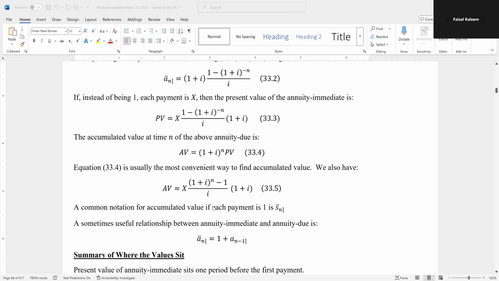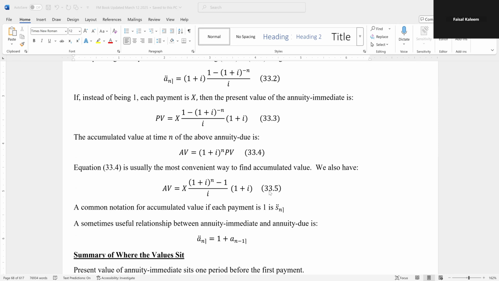So if we want to write the more expanded equation for if each level payment is x, then the accumulated value for annuity due will be x times 1 plus i to the n minus 1 over i. So up to this part, it's the accumulated value of the immediate, and then you multiply it with 1 plus i, and it becomes the accumulated value of annuity due.